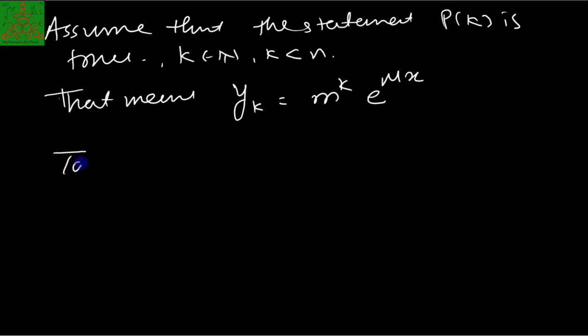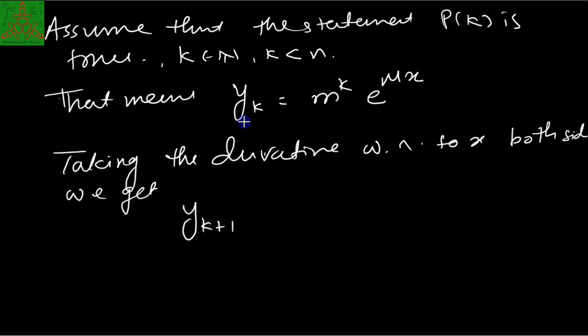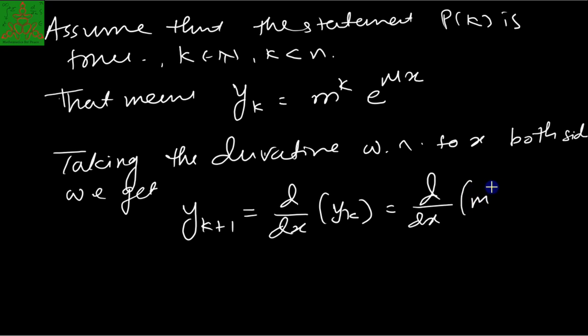Taking the derivative with respect to x on both sides, we get yk plus 1. Because this is a kth derivative, if you do one more derivative, it can be written as d by dx of yk, that is d by dx of m power k e power mx.